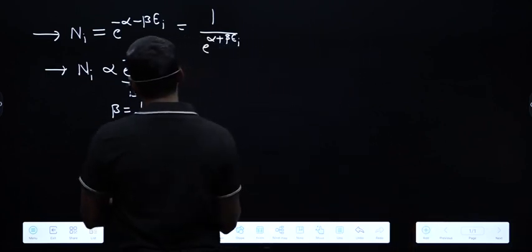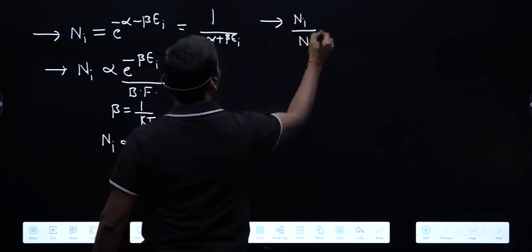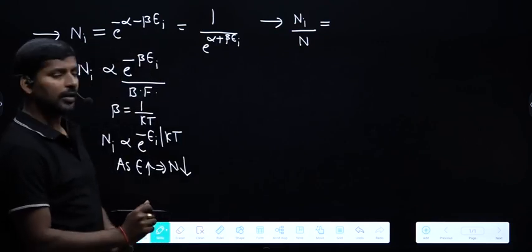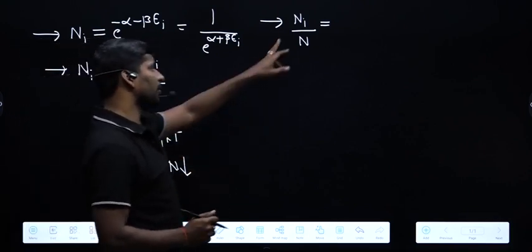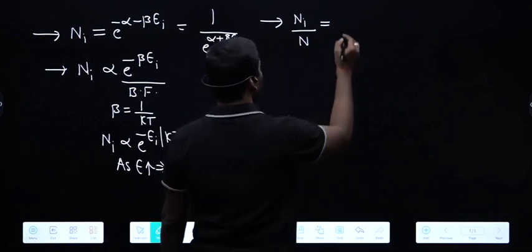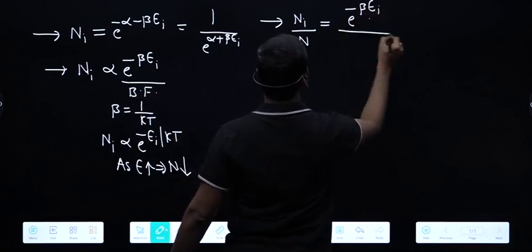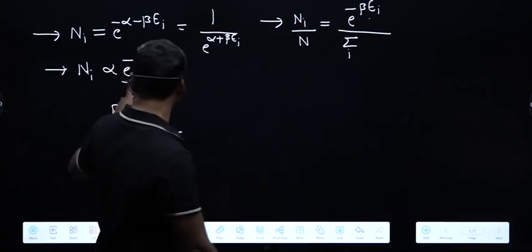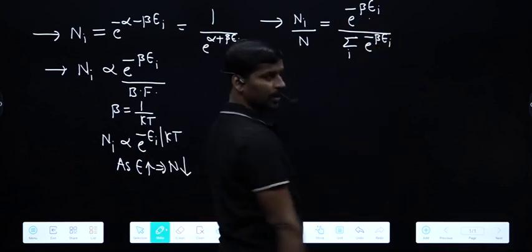Next, what is the expression for the fraction of particles present in the ith energy level, or the probability of finding a particle in the ith energy level? It is given by e power minus beta ei by N, and N means summation over i of Ni. So summation over i of e power minus beta ei, where beta is 1 by kT.